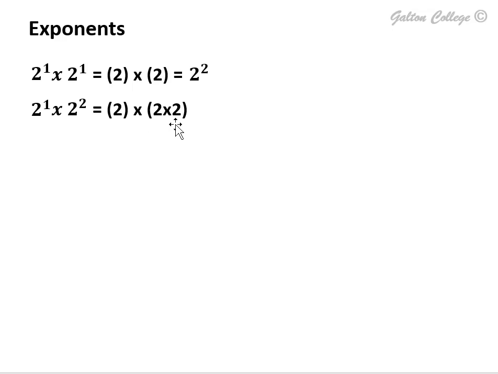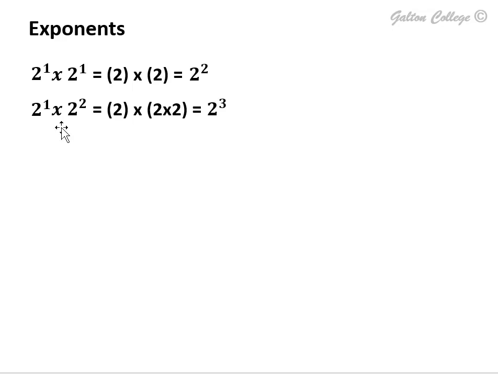It's 2 3 times. 2 cubed. So 2 to the power of 1 times 2 to the power of 2 is equal to 2 to the power of 3. If you add that exponent, that index number at the top, that power number, 1, to 2, you get 3, which shouldn't surprise us, because 2 plus 1 is 3.